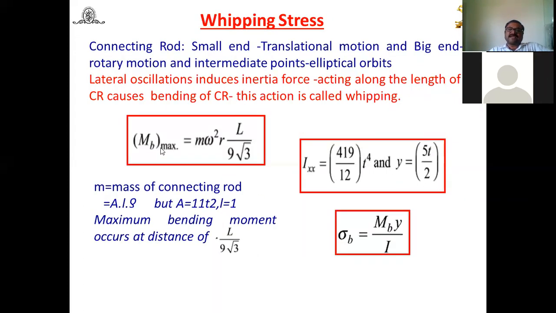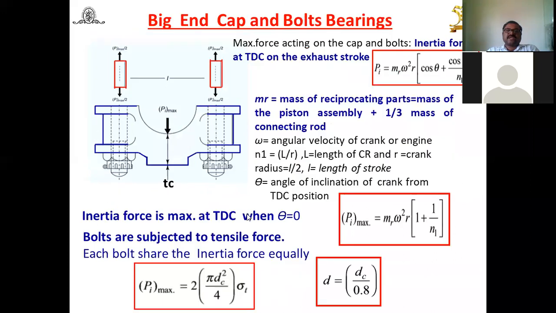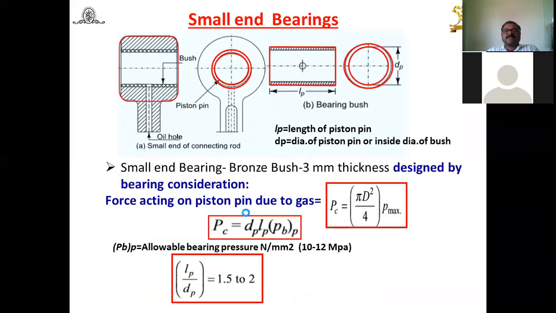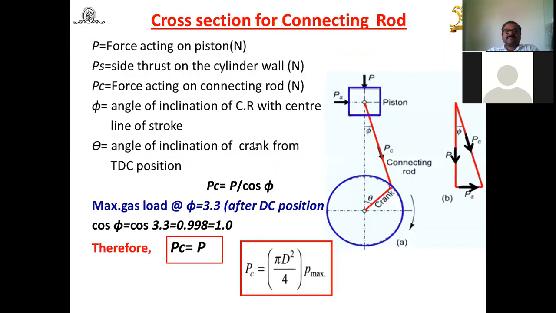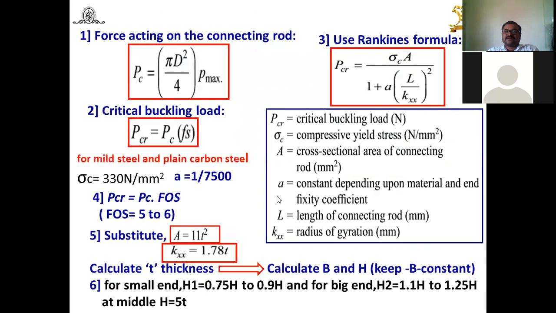So you will get Mb max. This maximum stress induced because of the inertia forces, the translational motion and rotary motion of the connecting rod, is known as whipping stress. So we have to find the stress induced in it. In this way, we can find the dimensions of the connecting rod because of the inertia forces.